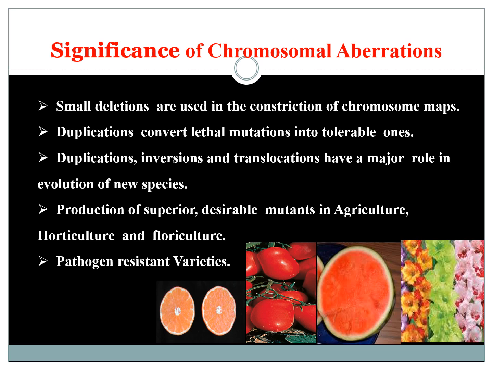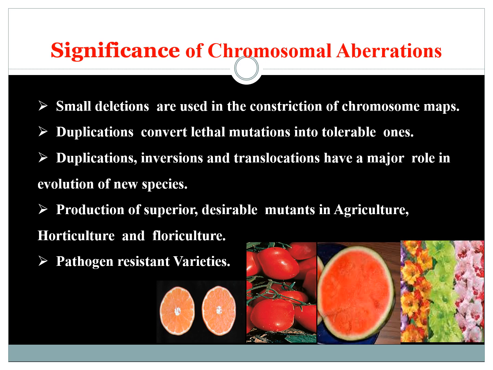The second one is duplications. Duplications convert lethal mutations into tolerable ones. Suppose a normal gene is mutated, the extra gene can express it.